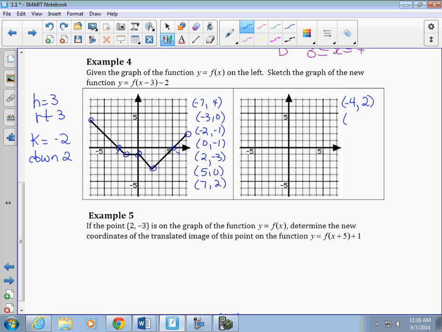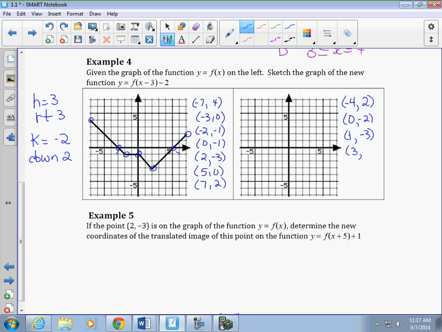-3 and 0. So -3 plus 3 is 0. And 0 minus 2 is -2. -2 plus 3 is +1. -1 minus 2 is -3. 0 plus 3 is 3.